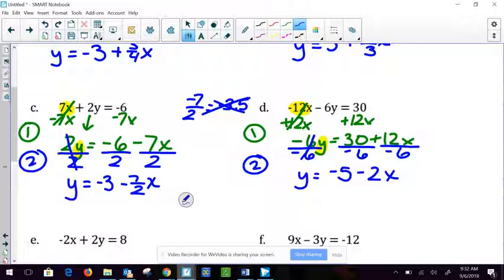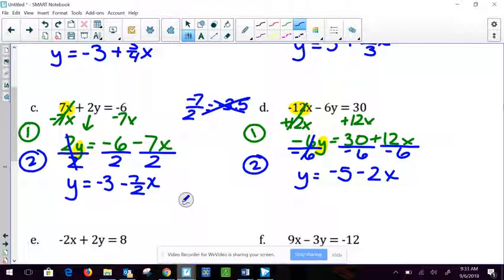Okay, so when I divided everything by that negative 6, I carefully watched my signs. I have 30 divided by negative 6 gives me a negative 5. Then when I moved on to my x term, I have 12 divided by negative 6 gives me negative 2, and I carried down my x. So getting y by itself, I have a negative 5 minus 2x.